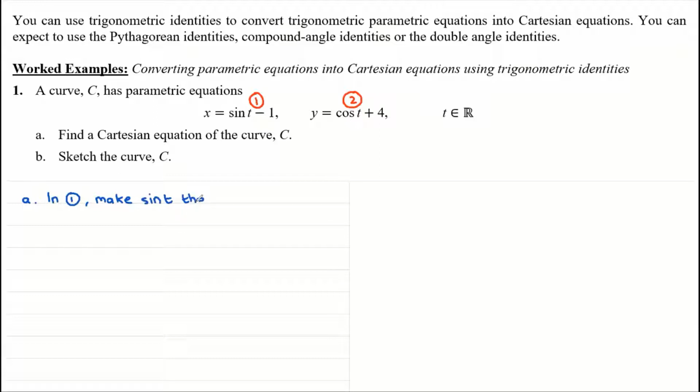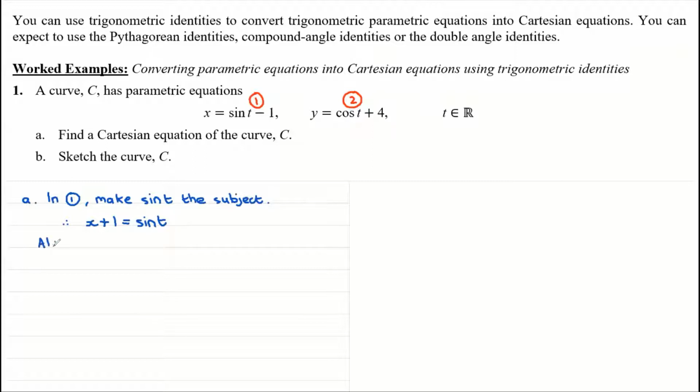Otherwise, you would have arc sines and things like that everywhere, which would be rather cumbersome. Okay, so we're going to make sine t the subject. Now, that's really easy. We only have to add 1 to both sides. So therefore, x plus 1 is equal to sine t.